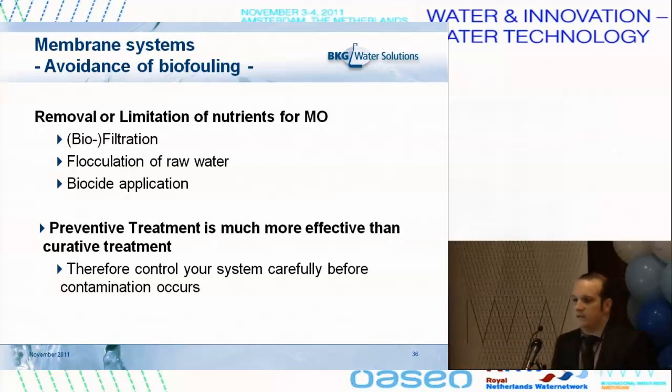After several years of experience, what we always have to say, and it's very important: preventive treatment is much, much more effective, even cost effective, than curative treatment. Once you have the problem in the system, it's very, very problematic to get rid of it. So important is a good and careful control of the system.